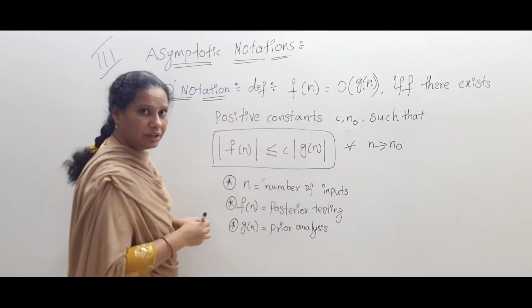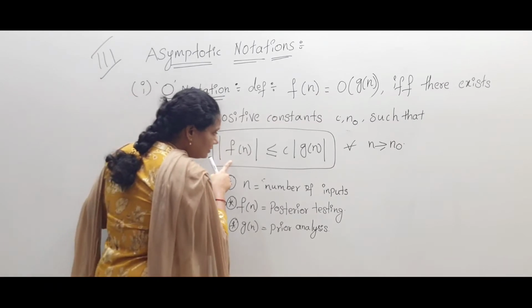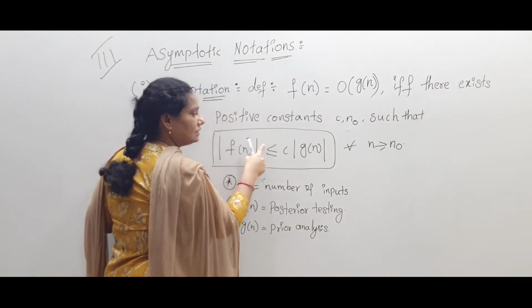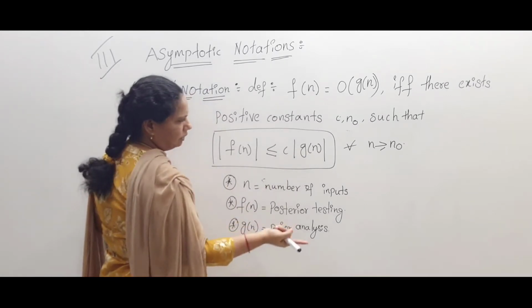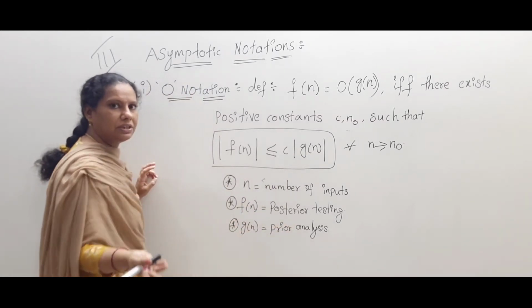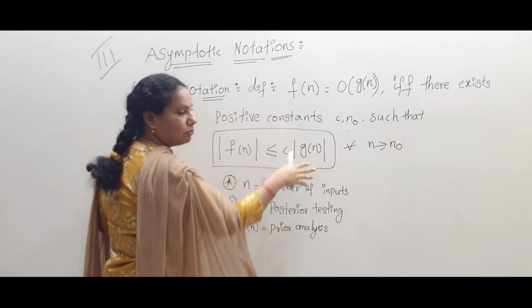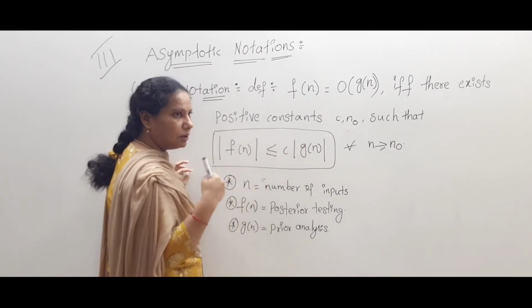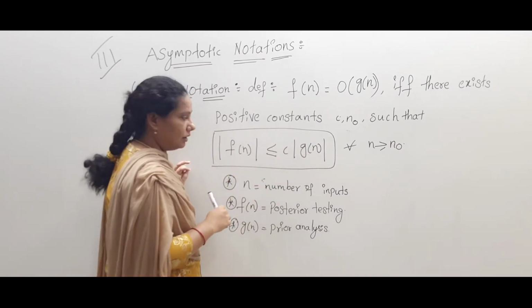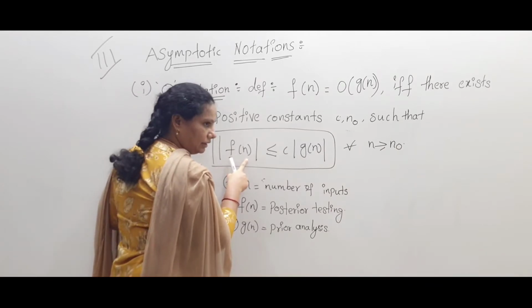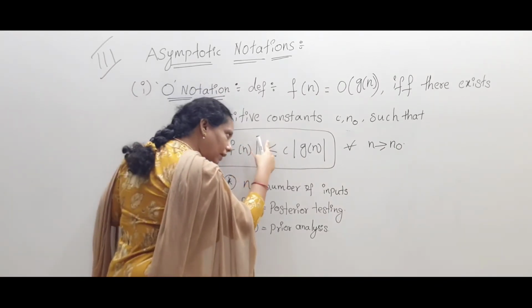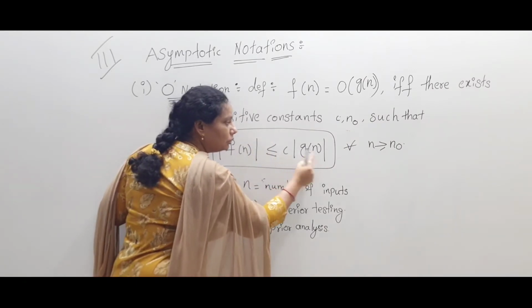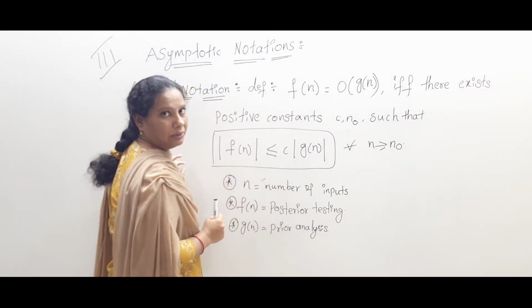What is the relation here? Always your f of n is less than or equal to g of n. What it implies: because we don't represent time as negative, he has taken the modulus, because time will always be represented in a positive manner. So f of n, your exact value, is always less than or equal to your estimated value.